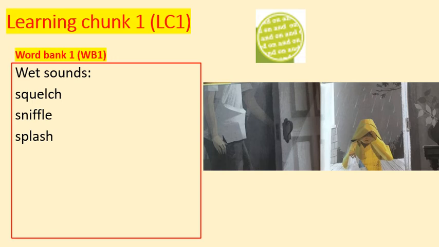And I've come up with 3. Squelch, sniffle, splash. What I'd like you to do now is come up with 2 of your own, and once you've done that, you can then magpie or borrow the 3 that I've written. If you're struggling to come up with some words, use a thesaurus and look up splash or squelch.